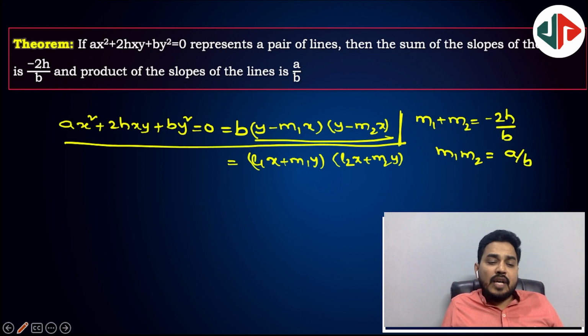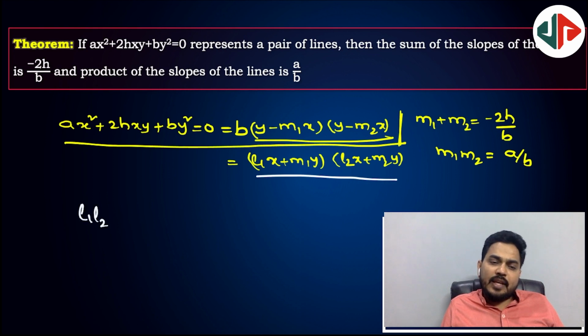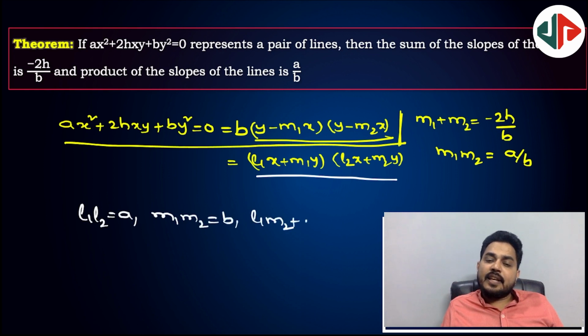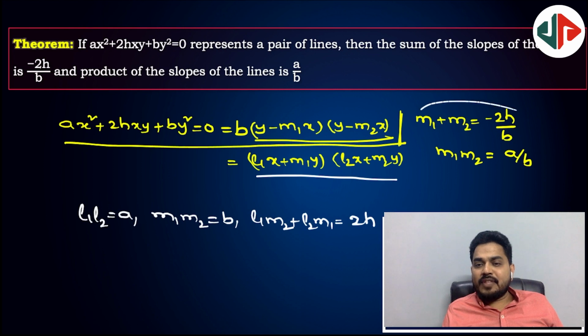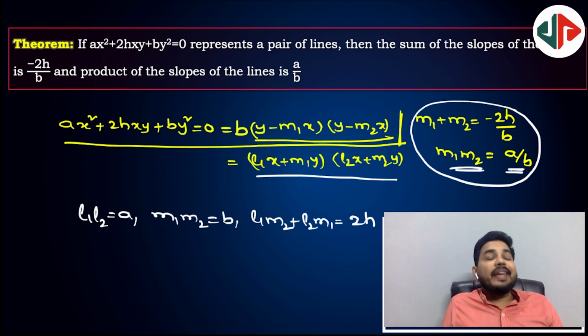And if you take this part into consideration, you will get L1 L2 is equal to a, M1 M2 is equal to b, and L1 M2 plus L2 M1 is equal to 2h. So the sum of the slopes is minus 2h by b and the product of the slopes is a by b.